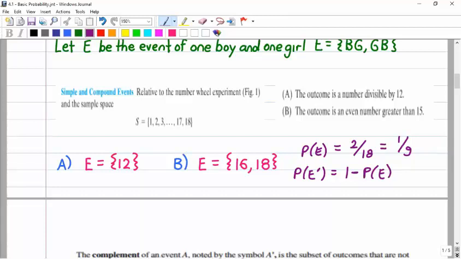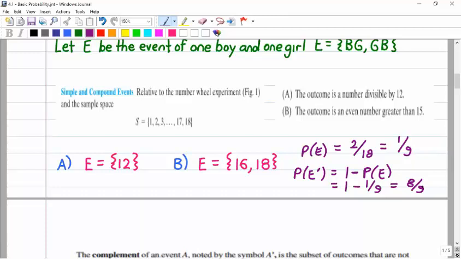So you could go 1 minus 1 out of 9, and that would be 8 out of 9. So you've got an 8 out of 9 chance that you do not do that.